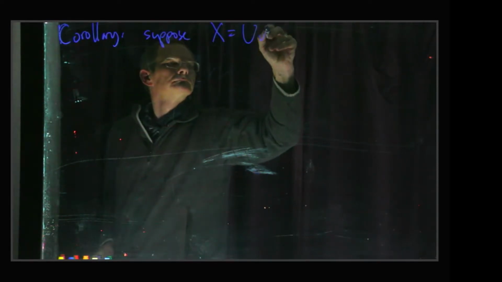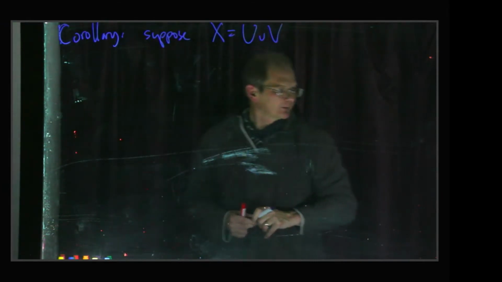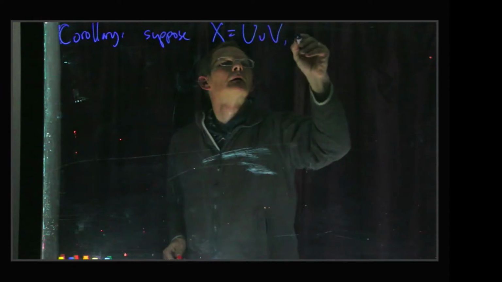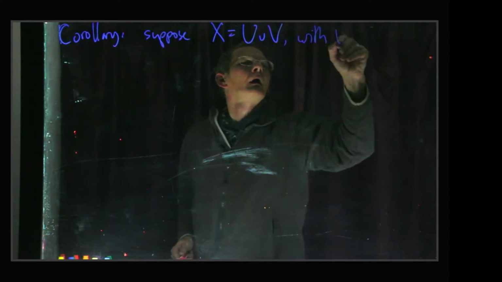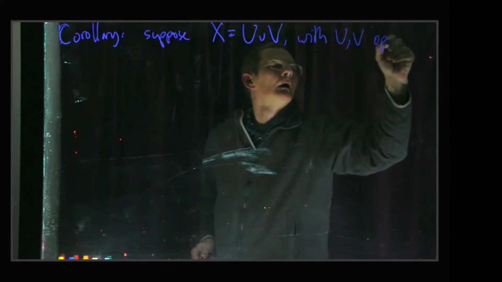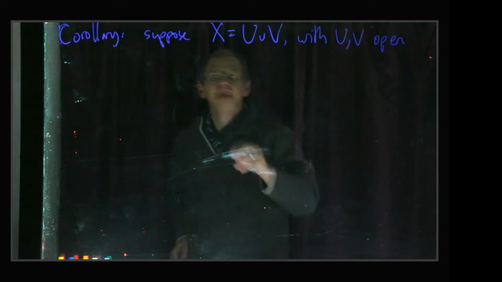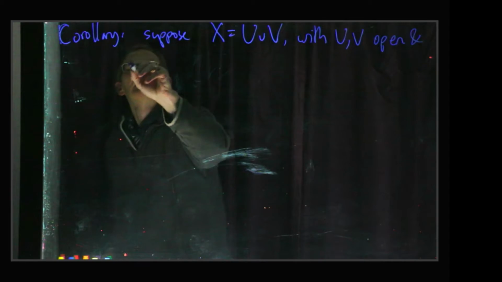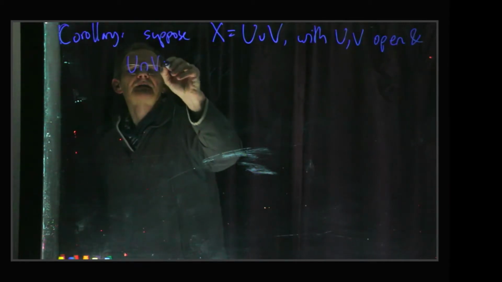Okay, so we can have a little corollary of that. Let's suppose that X can be written as a union of two sets U and V, where U and V are both open, and assume that U intersect V is empty.